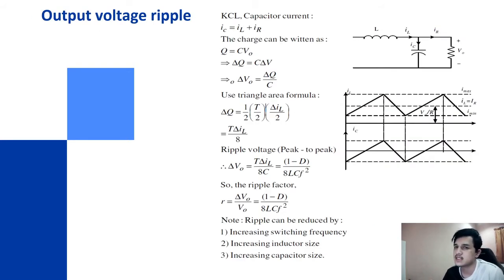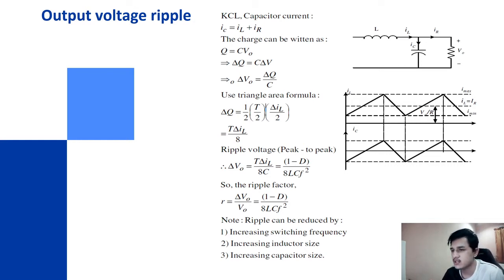So for output voltage ripple, by KCL, the capacitor current is IC equals IL minus IR. The charge can be written as Q equals C VO, so ΔQ equals C ΔVO, so ΔVO equals ΔQ over C. Also, we can use a triangle formula as shown on the slide.